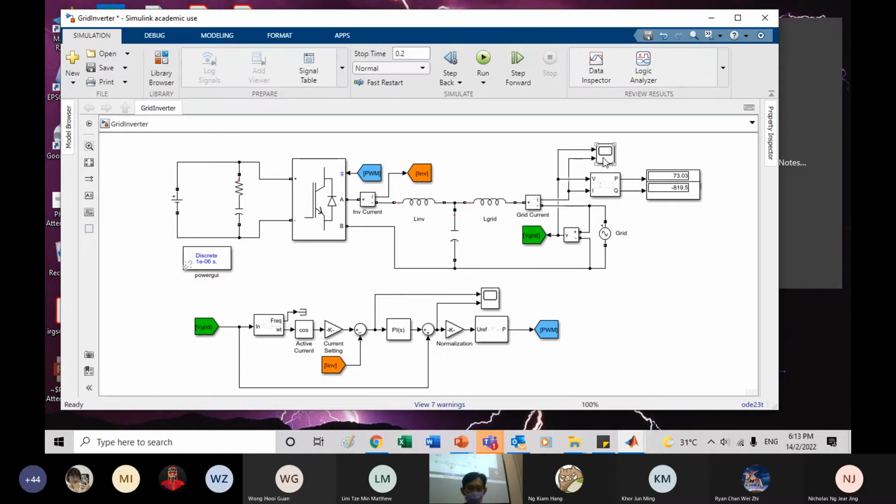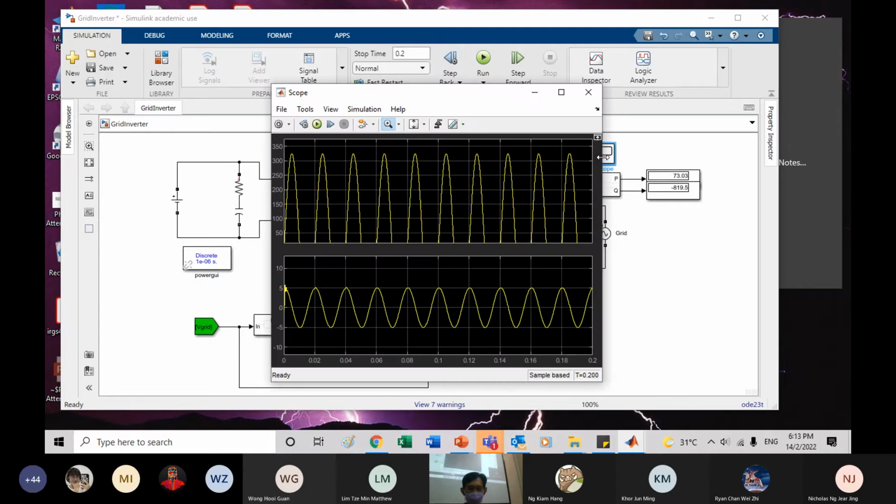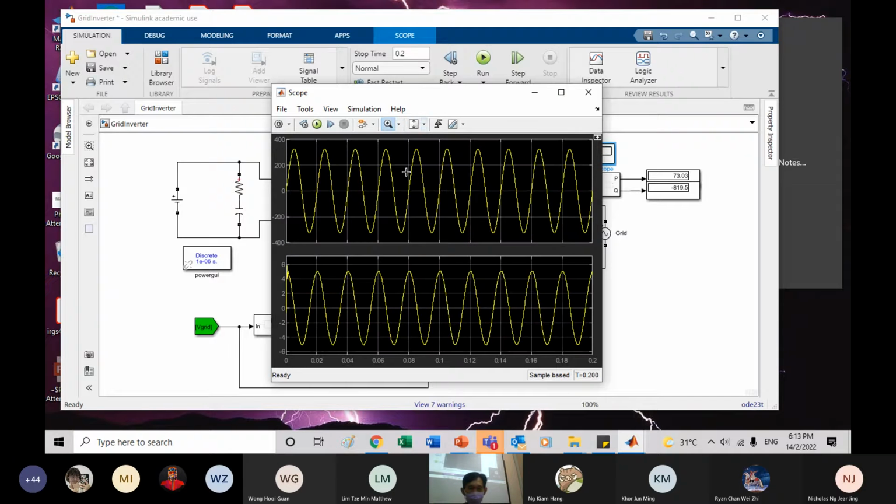Okay. So now you look at the waveform. You will see it is out of phase by 90 degrees, right? The current and voltage, because you are sending reactive power. So in other words, this is reactive power you want to send.